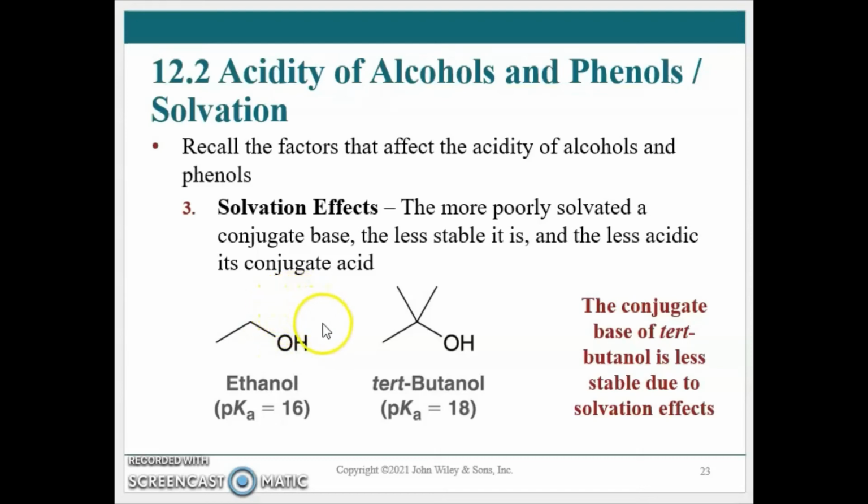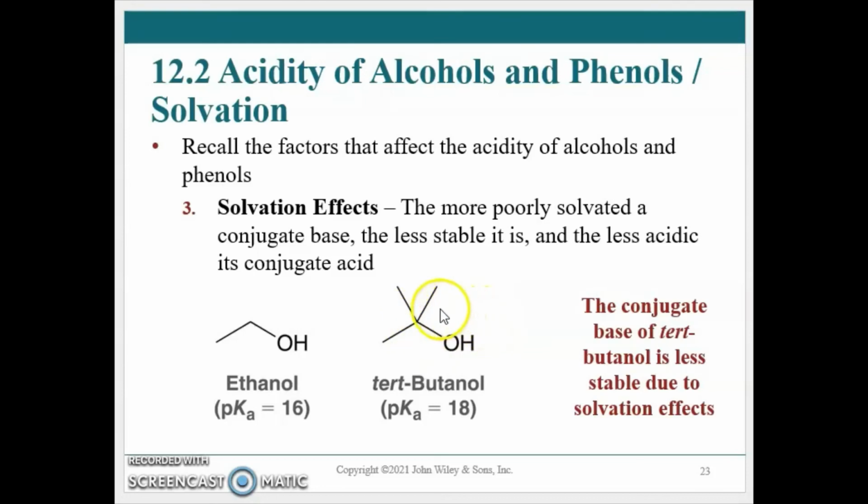More solvent molecules can fit around this primary alcohol than in the case of this tertiary alcohol. So our alpha carbon has one carbon bond, so this is a primary alcohol. In this case, our alpha carbon has 3 carbon bonds, so this is a tertiary alcohol.